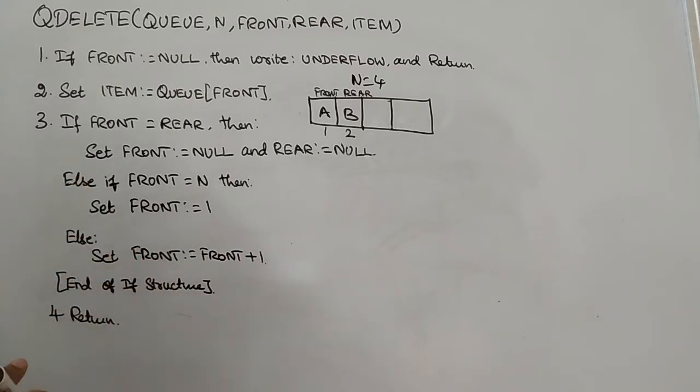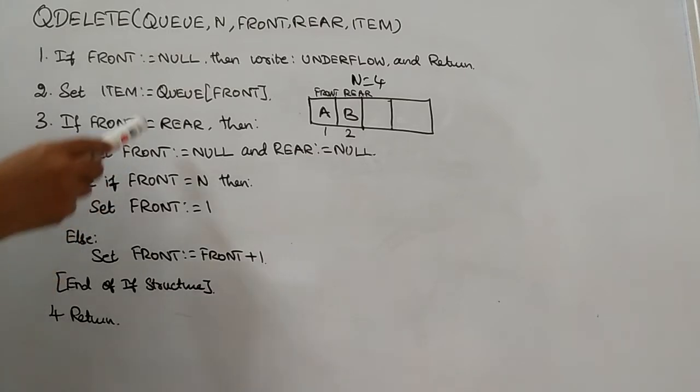You know very well that we have already discussed this in the POP algorithm, in the stack concept itself. Whenever you do the POP operation, at first we retrieve the data from the stack, and only then we decrement the top.